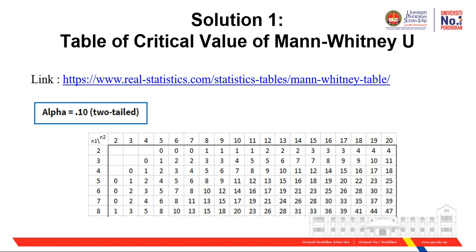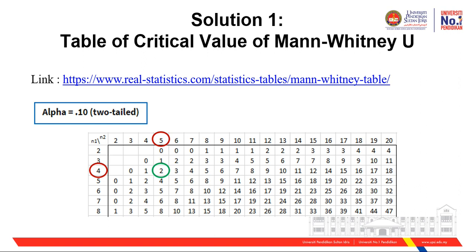And then what you need to do is choose your N1. For this case, your N1 is 4. And then look at your N2. For this case, for question 1, example 1, it is 5. So you have alpha 0.1, N1 equal to 4, N2 equal to 5.